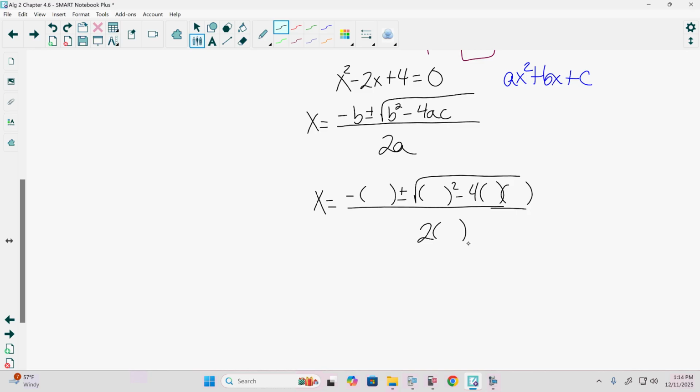I'm just going to default, we're going to use the quadratic formula. There's nothing wrong with completing the square. I just think it takes a little more time to do completing the square than it does the quadratic formula.